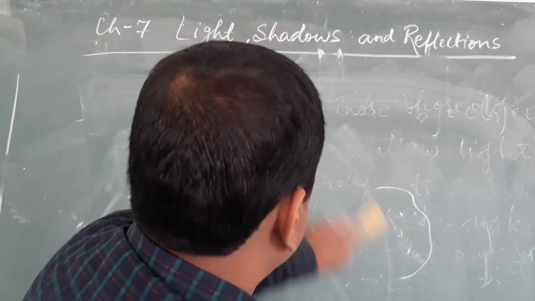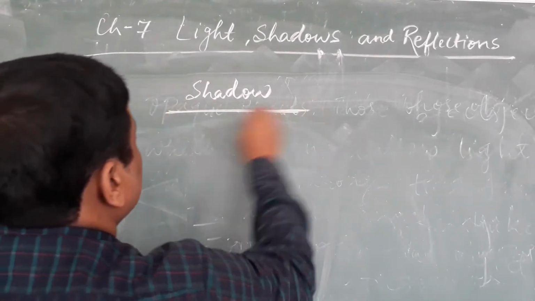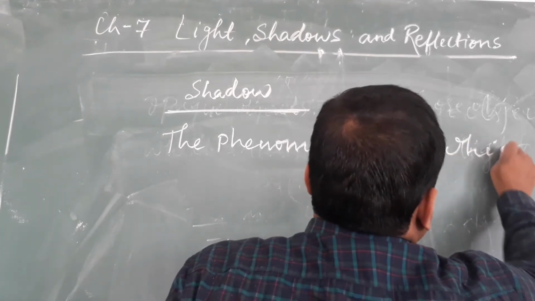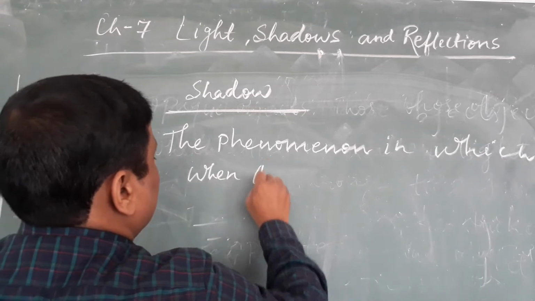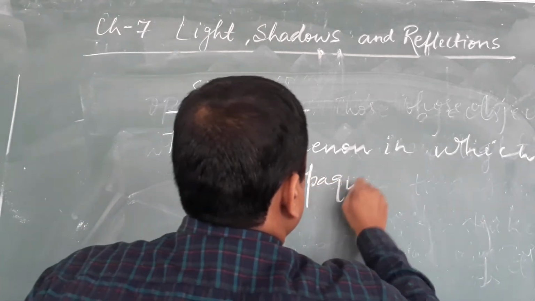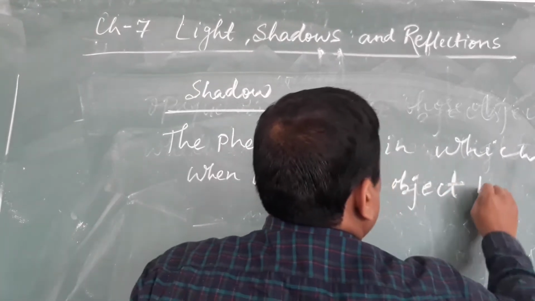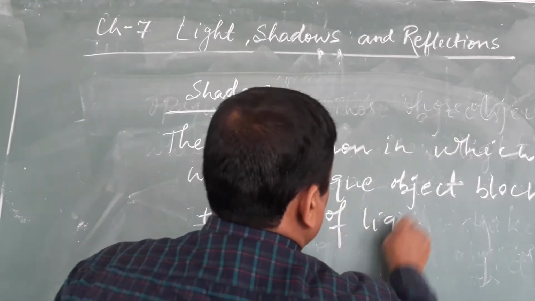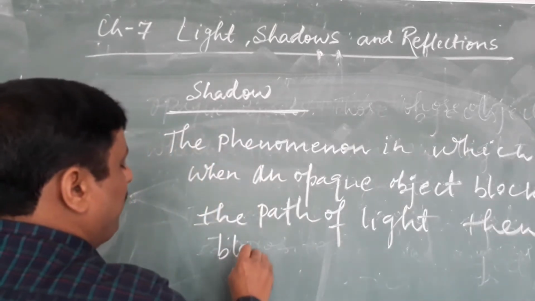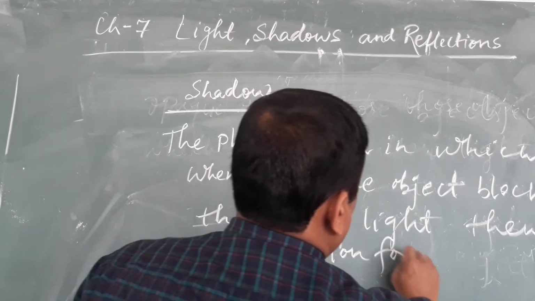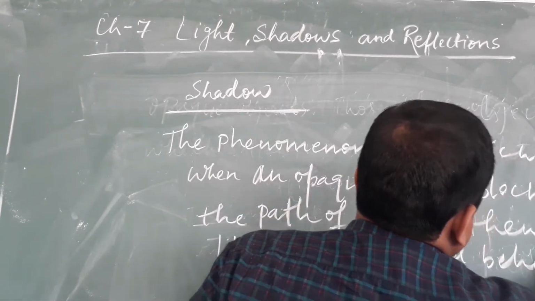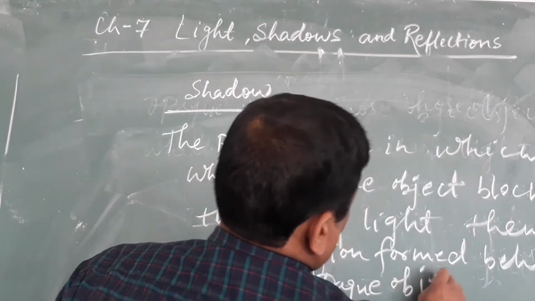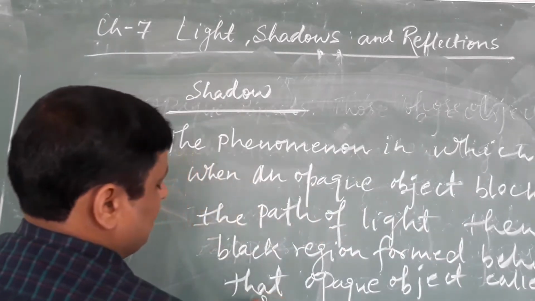So the definition of shadow: the phenomenon in which, when an opaque object blocks the path of light, then a black region is formed behind that opaque object, called a shadow.